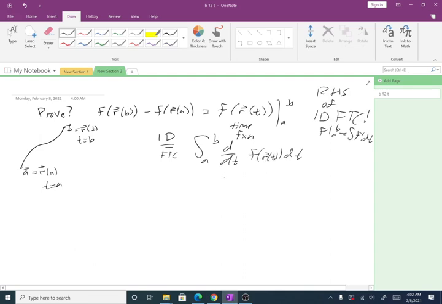And now we use the chain rule to expand this expression, because df dt should be something like df dx times dx dt. And in 3D, this should be the gradient of f dot dr dt.